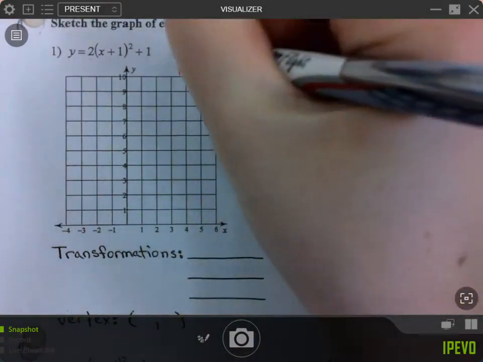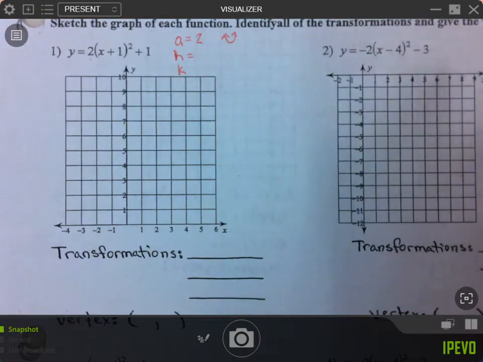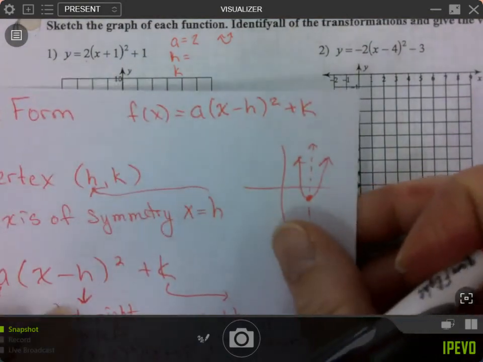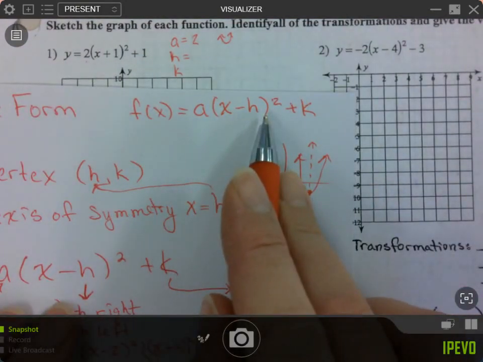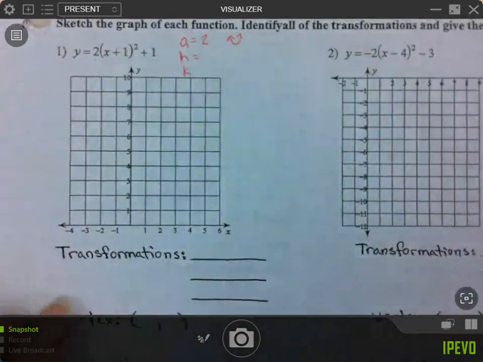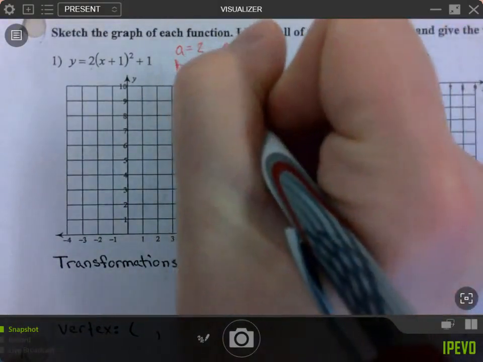The H value is what? Is it 1 or -1? Well, here's my formula. It's A and then x minus h quantity squared. Should be x minus, shouldn't it? So is the h value positive or -1? -1.